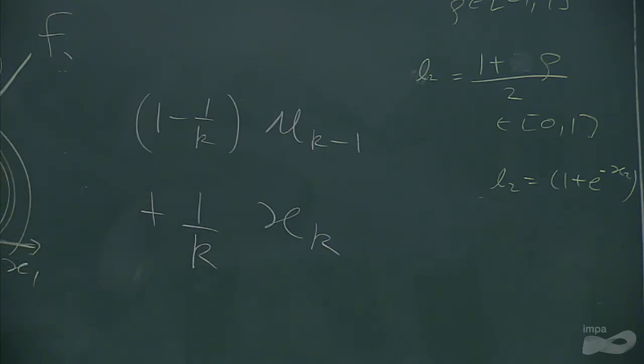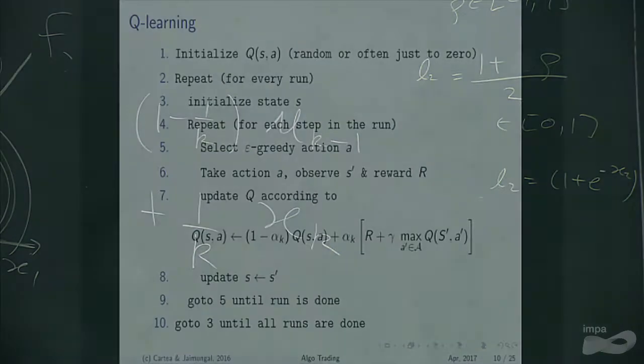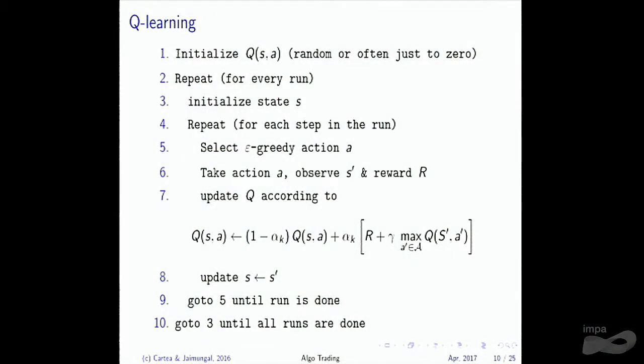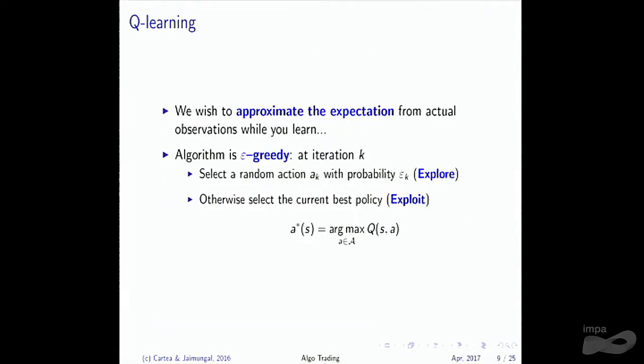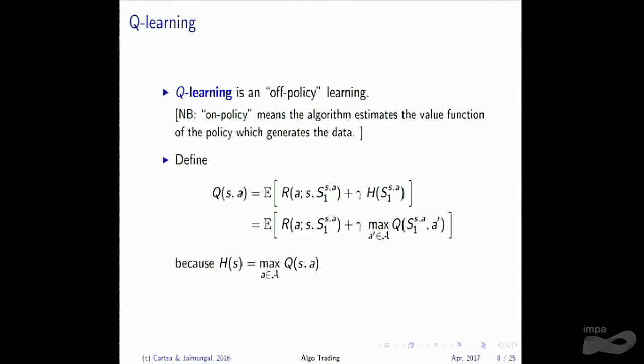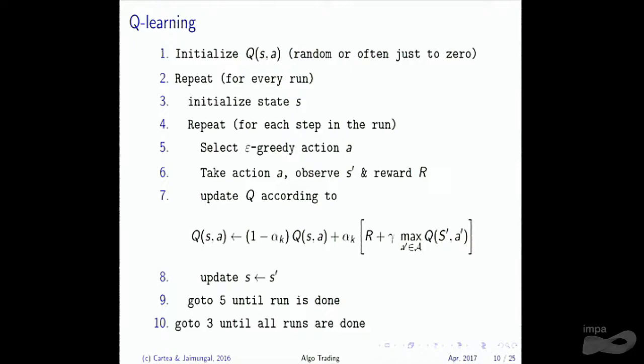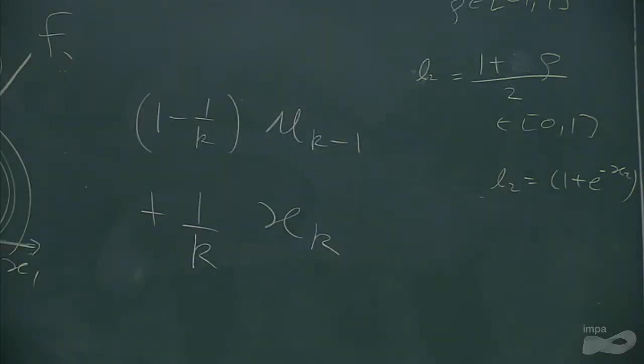Okay, let's go back. 1 minus alpha k, Q, that is, mu is our Q. It's our expected value we're estimating. What is x? X is the random variable. X is the reward plus gamma. That is the random variable that I'm computing an expectation of. So it really does follow from this very simple observation.